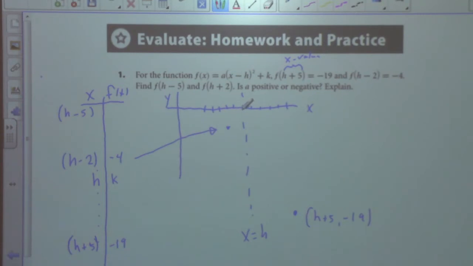So what's going to be f of h minus 5? Negative 19. So that's going to be right over here. And what's going to be f of h minus 2? Negative 4. So we have negative 4 over here. So what is this going to look like? It'll look something like this, right?